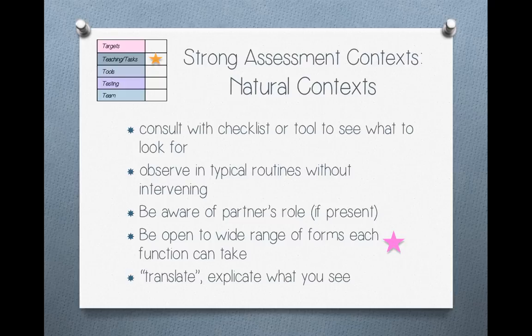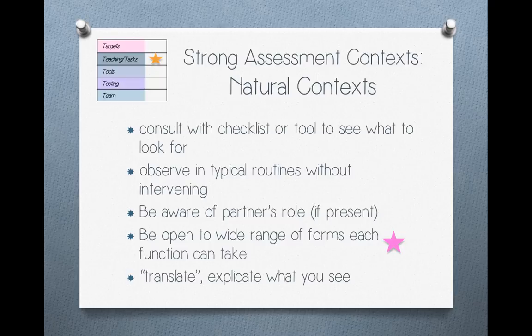The next feature of a strong assessment has to do with the context, or the environment of the assessment. In general, we really want to stick with natural, familiar contexts because that's where our students perform best. You might start by looking at your checklist or tool, just to remind yourself what you are looking for.